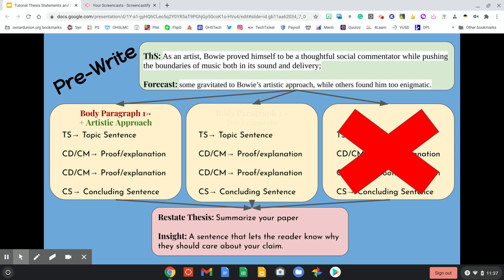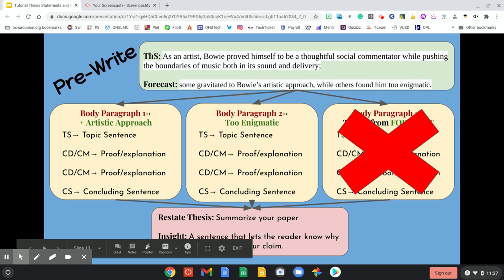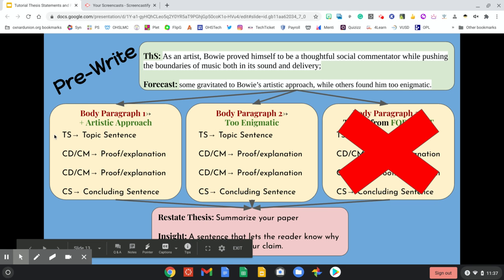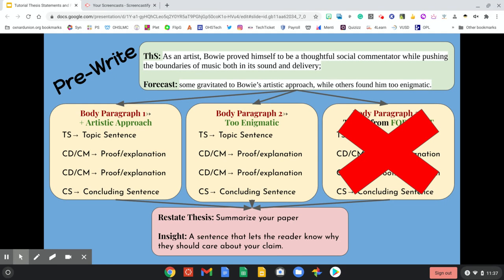So as you see here, the thesis statement is listed in the introduction box, and my forecast is listed next to it. And if you see in body paragraph 1 here, I'm going to talk about the positive elements of David Bowie's artistic approach.